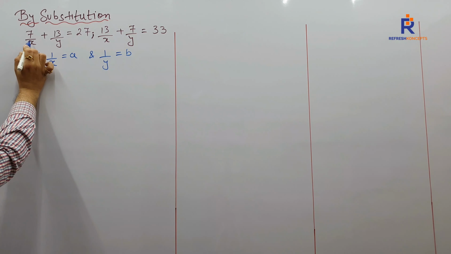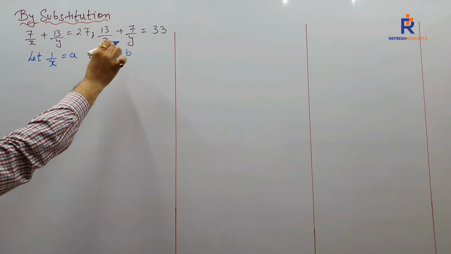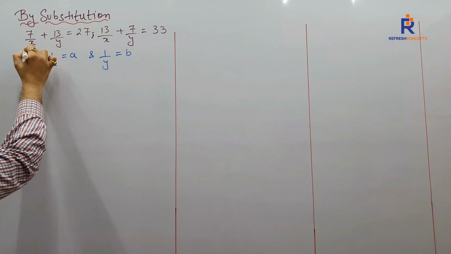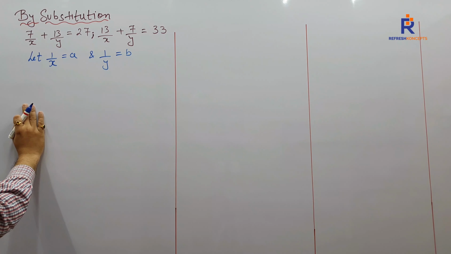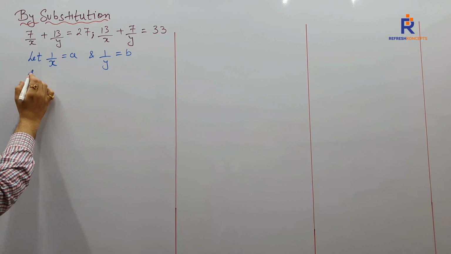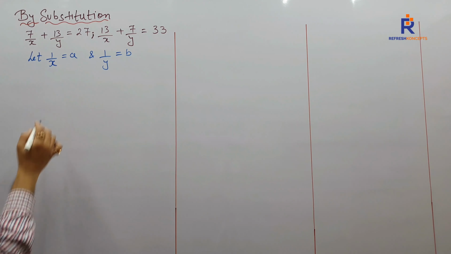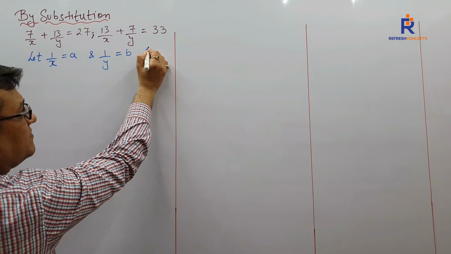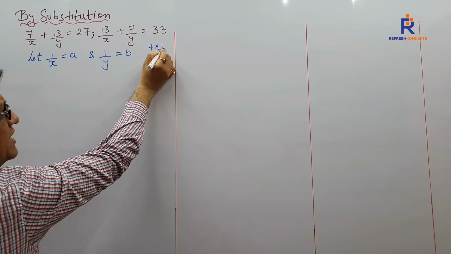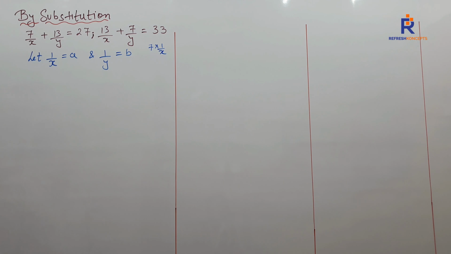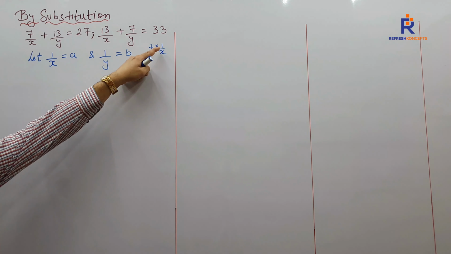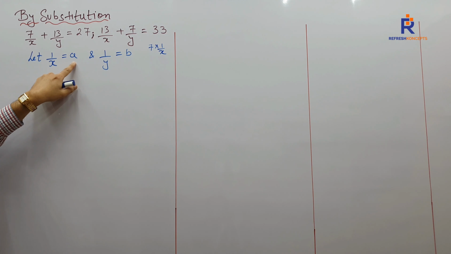The first equation transforms to 7 by x. Children, can I write 7 by x as 7 into 1 by x? So 7 by x can be written as 7 into 1 by x, and 1 by x is nothing but a.